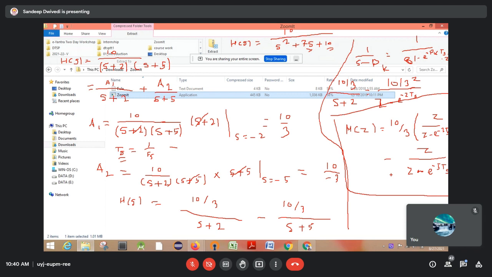Your h of s is equal to 0.5 times (s plus 4), in the denominator (s plus 1) and (s plus 2).